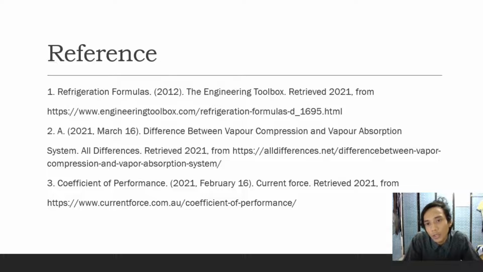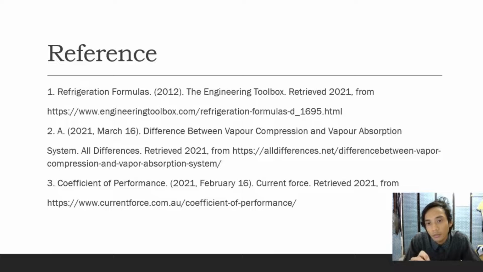And we also refer to the difference between vapor compression and vapor absorption systems, retrieved in 2021, also from that website. Lastly, we refer to the coefficient of performance to get the performance, right?